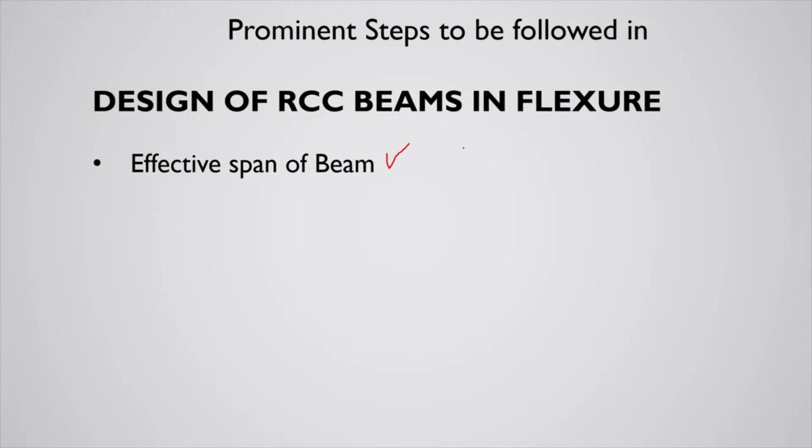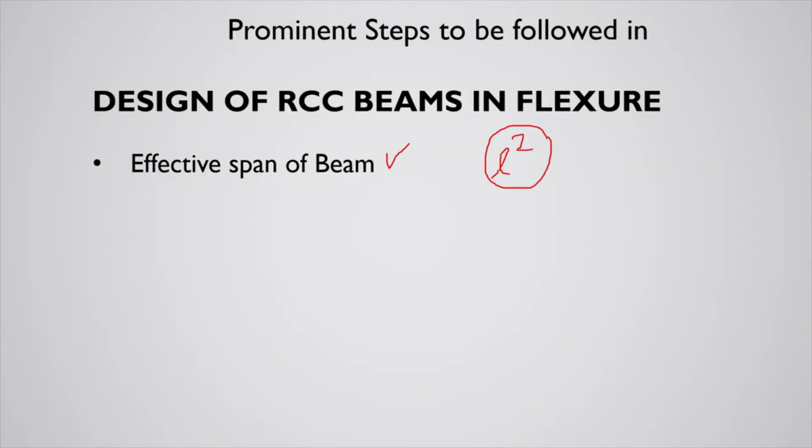Because you know that whenever we are calculating any bending moment due to the loads, then in that particular formula most of the time it will be just like WL square and with some coefficient. So what I want to say here, that whenever you are going to calculate bending moment, for which you are going to design the beam, that bending moment will be in terms of square of the span.